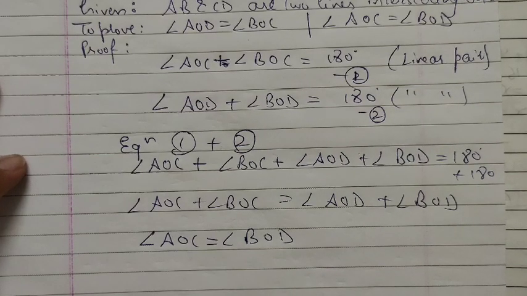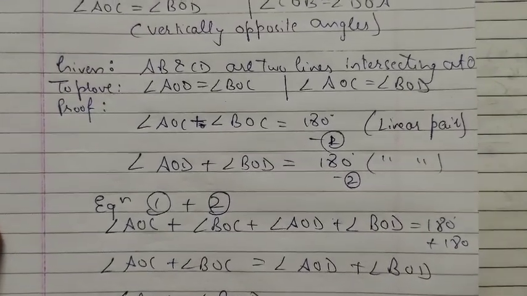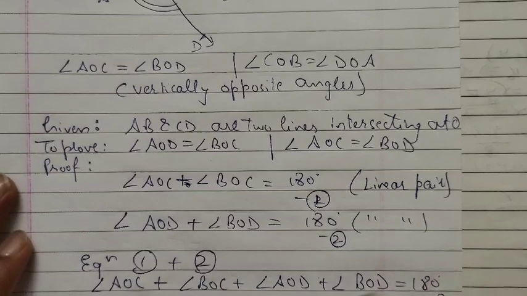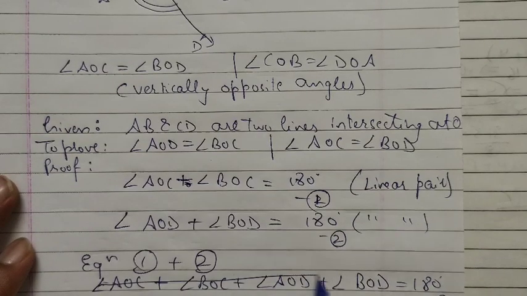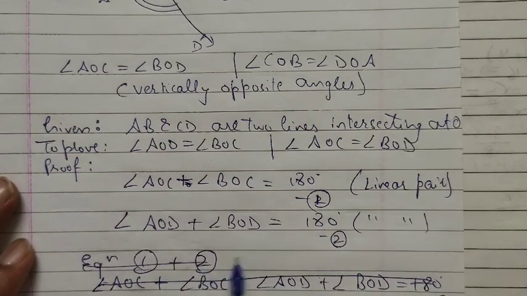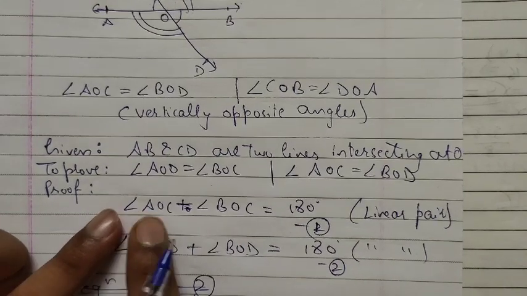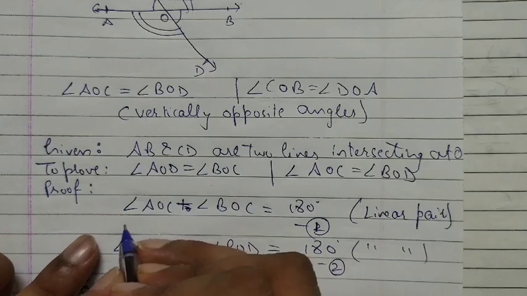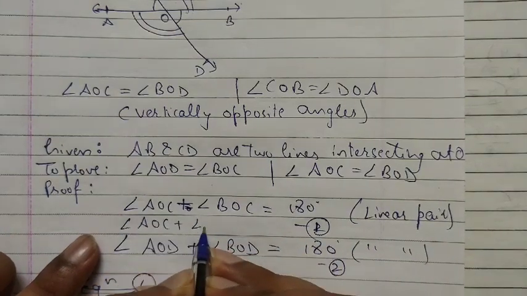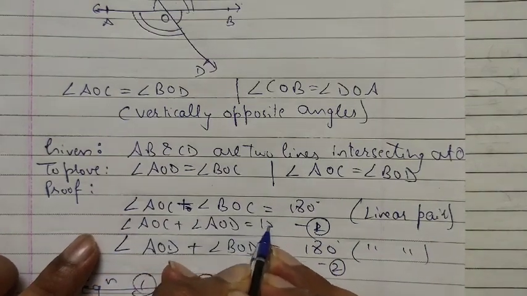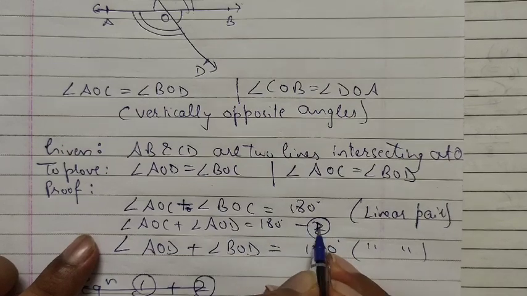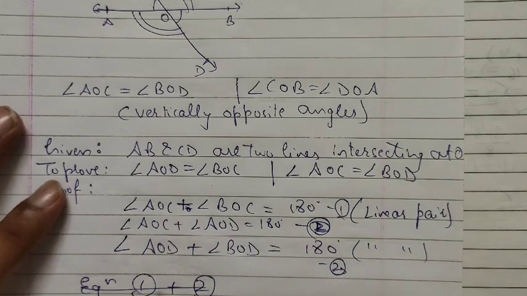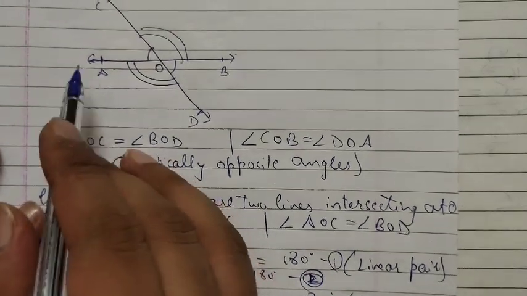How? See what we have done so far. Angle AOD plus angle BOD is equal to 180. If you want to forget this, forget this, it is of no use to us. See, angle AOC plus angle BOC is 180. Angle AOC plus angle AOD is also 180 degrees, right? Let that be the first equation and this the second equation.